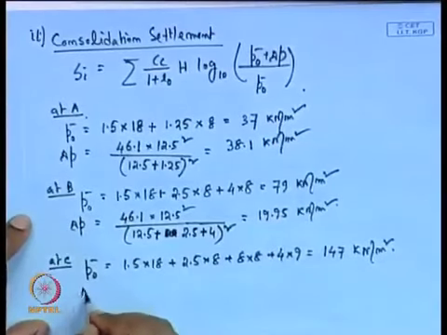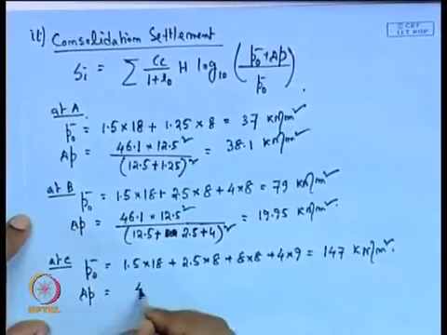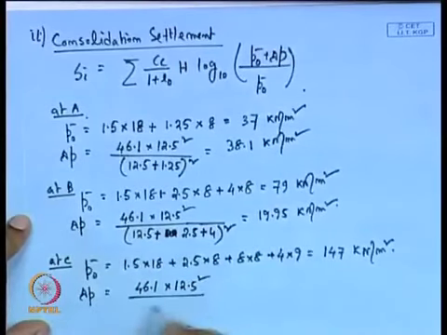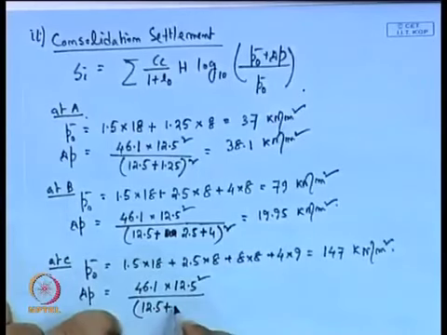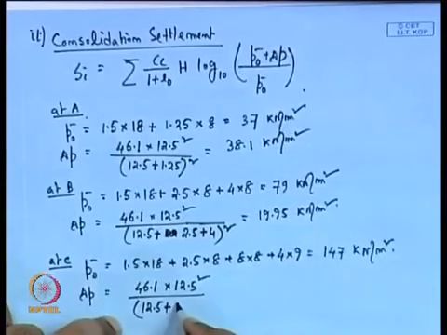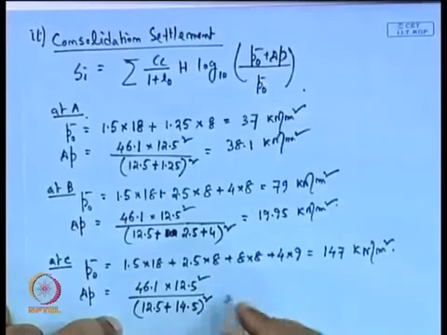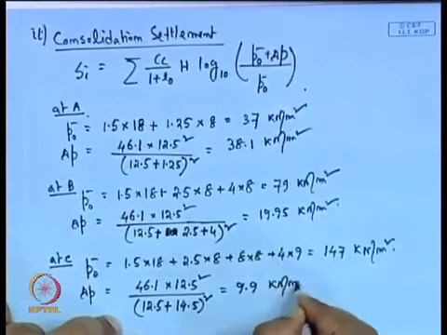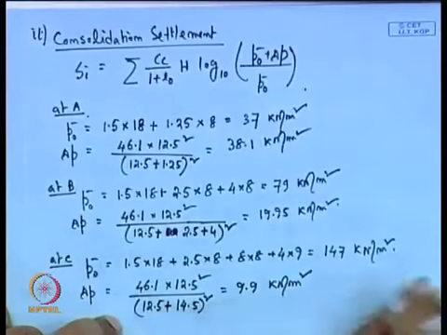So, similarly, del P will be 46.1 into 12.5 square divided by 12.5 plus the depth of this point below the foundation level, which is 14.5 meter, that is square. So, this value is 9.9 kilonewton per meter square.